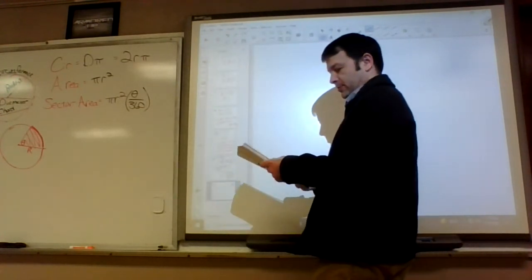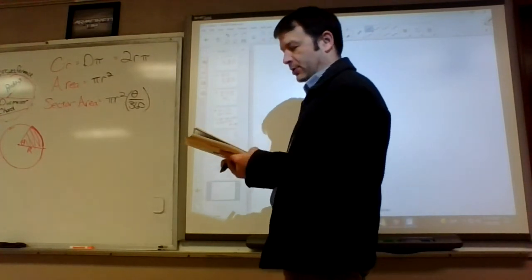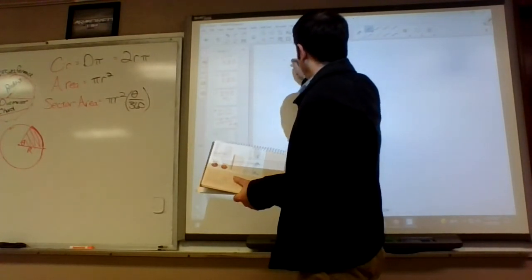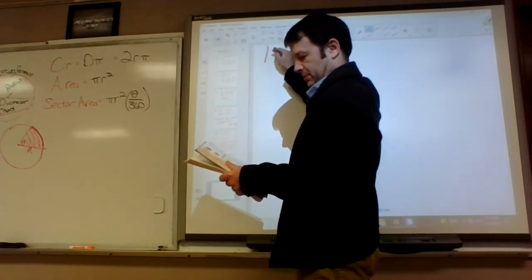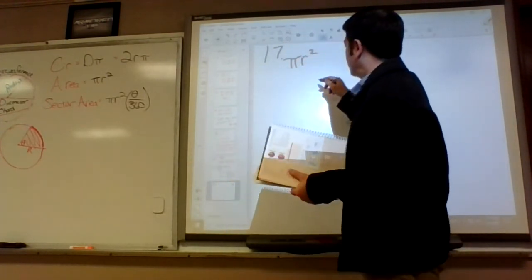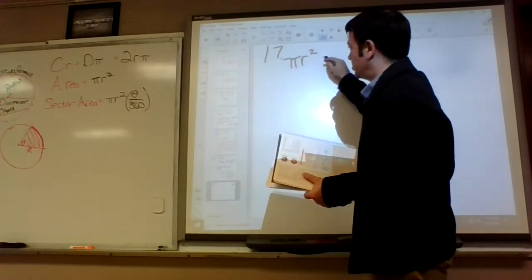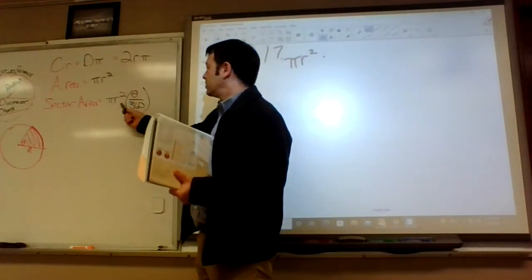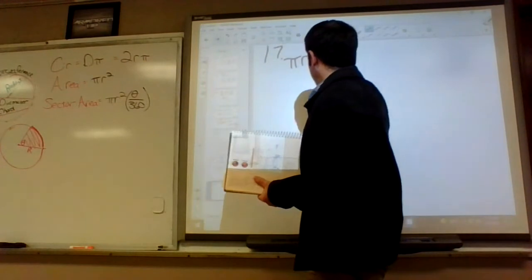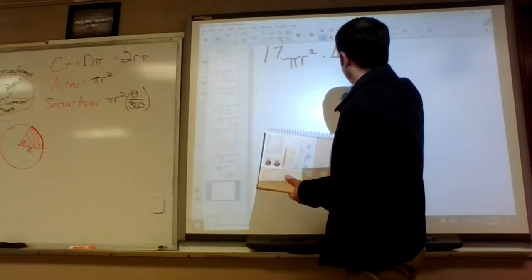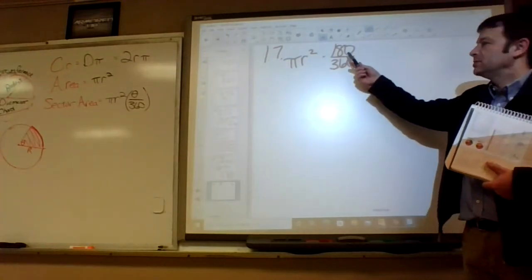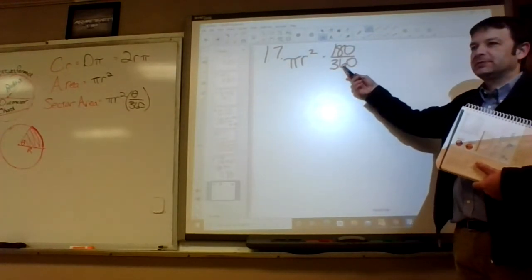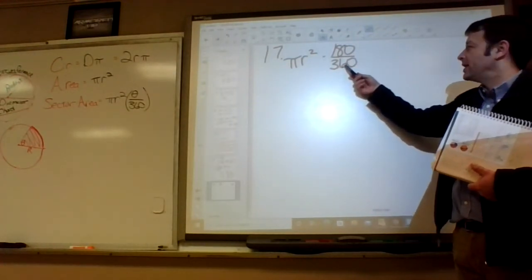Okay, number 17. This time we don't know the radius, so the pi r squared part we don't know. We know the central angle is 180, so that's 180 over 360. You guys know what that reduces to? 1/2, yeah.